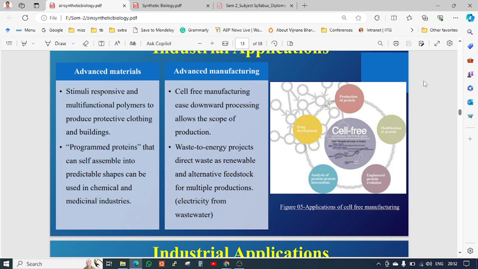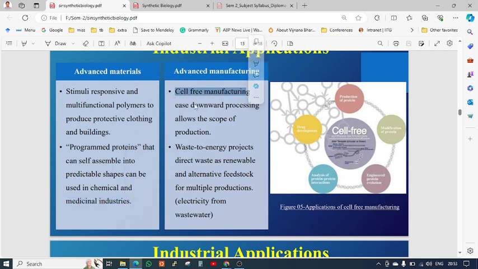Stimuli-response functional polymers produce protective clothing and buildings. So these are also different uses. Programmed proteins that can self-assemble into predictable shapes are used in chemical and medicinal industries for designing particular drugs or particular kinds of things in the industry.